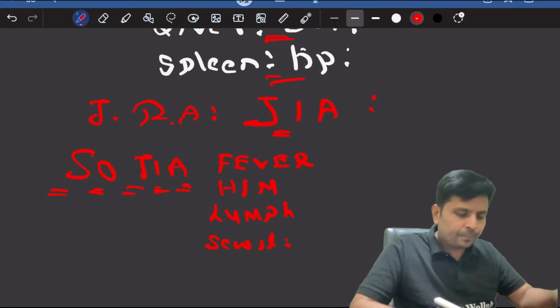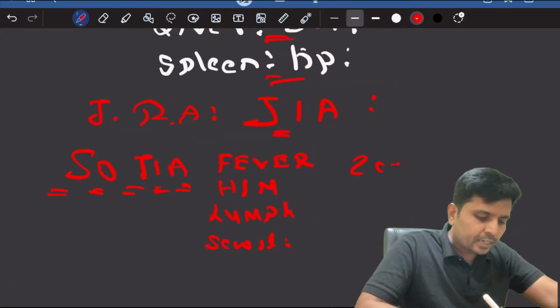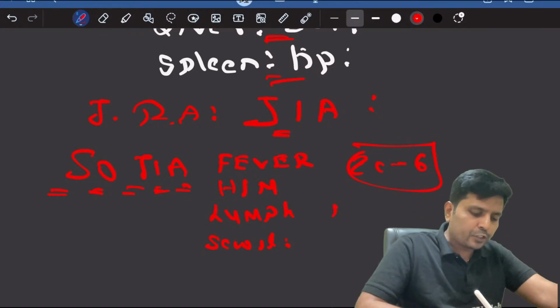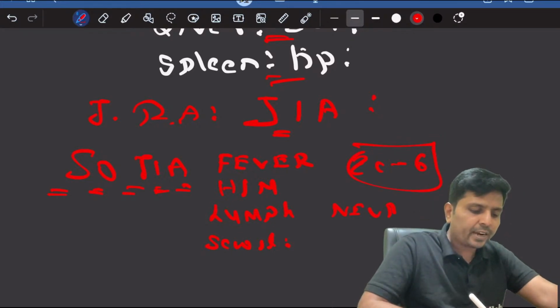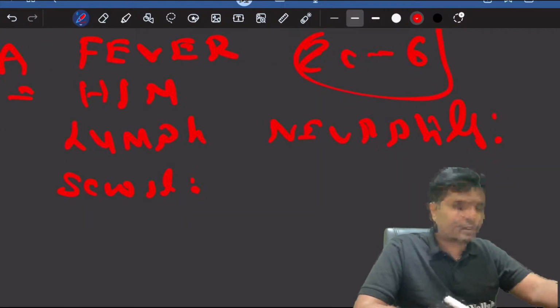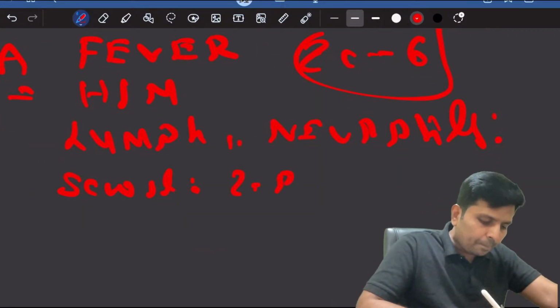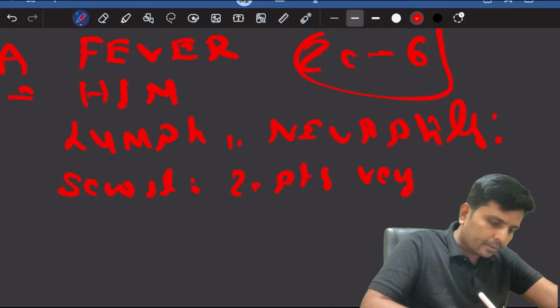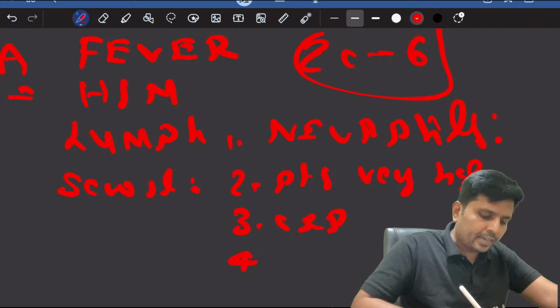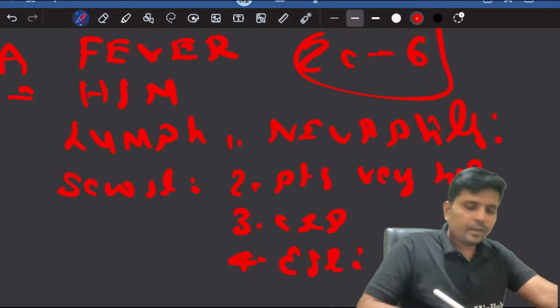And here your interleukin 6 will be activated, as a result of which neutrophils are very high. Acute phase reactions, neutrophils are very high, platelets are very high, CRP is very high, ESR is very high.